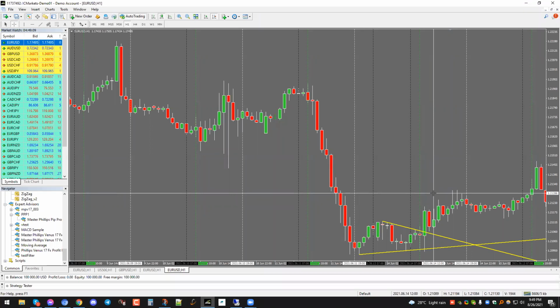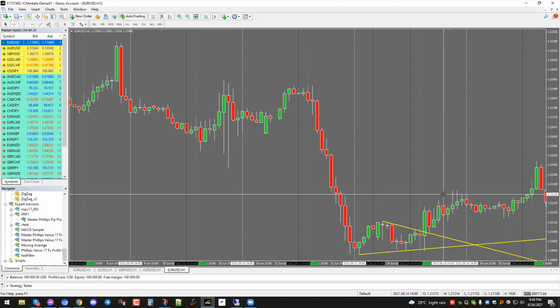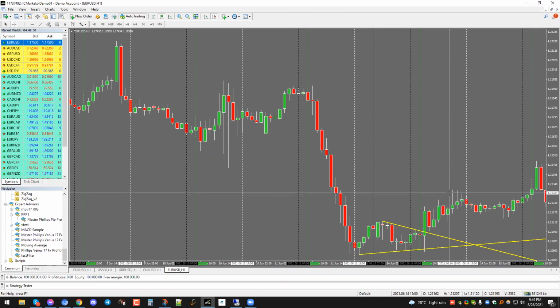If I don't see a red bar at that time, I'm not going to exit. The next time I'm looking at is 8 a.m. Eastern Standard and 9 a.m. Eastern Standard. If I don't see a red bar at that time, I'm not going to exit. So these are two red bars that are not coming in at the time that I'm looking for a red bar to exit. So I would still be in these trades until I get a situation.